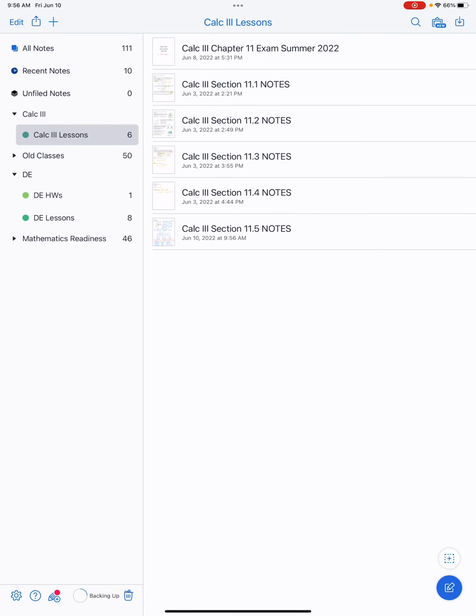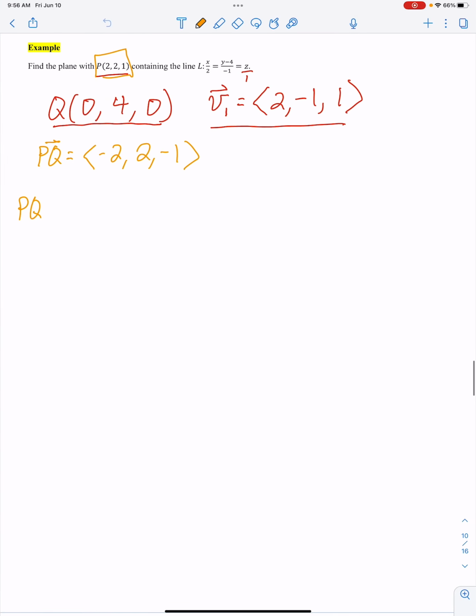Let's do V first. It really doesn't matter, but my notes go with V, so we'll do that. V crossed with PQ. These are both inside the plane that we're trying to find. So if they're both inside the plane and we cross them, we're going to get an orthogonal vector. So let's do that. V is (2, -1, 1).